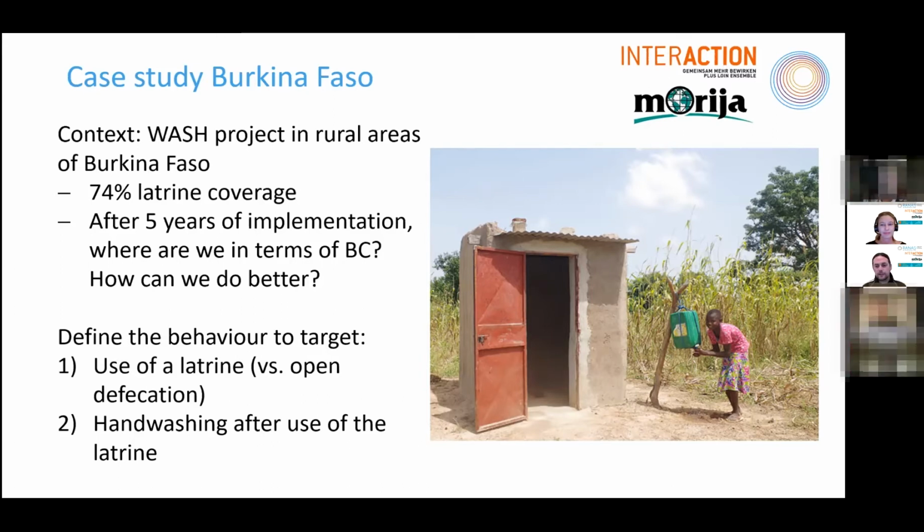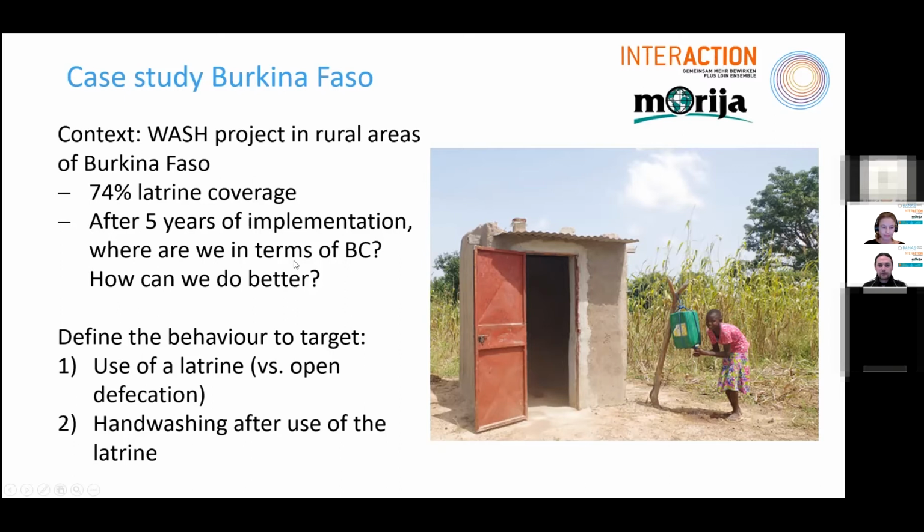In the picture, you have the model of latrine that they built, and the hand washing device on the right with the young lady. It was not about building a latrine, because the coverage of the territory was around 74%. They made a huge effort convincing people to get involved in latrine building, so this worked.